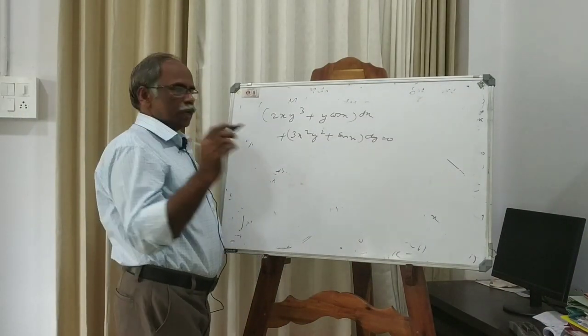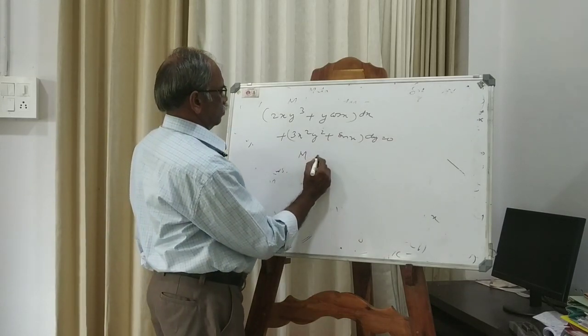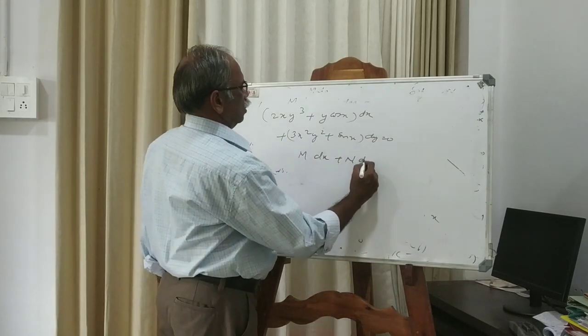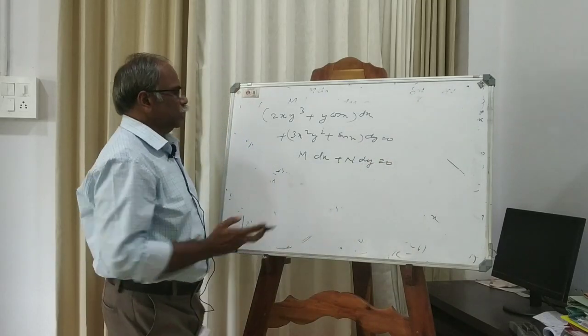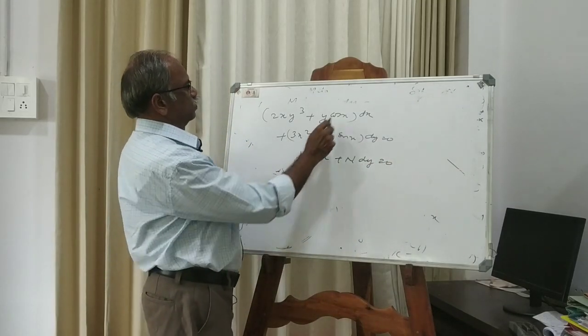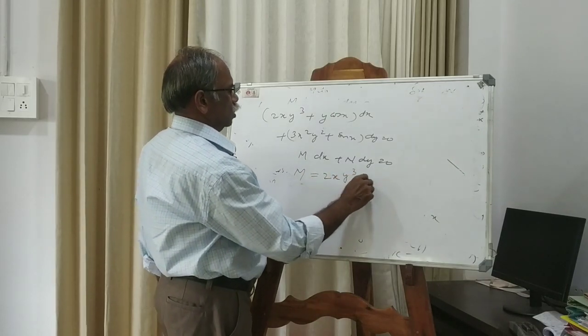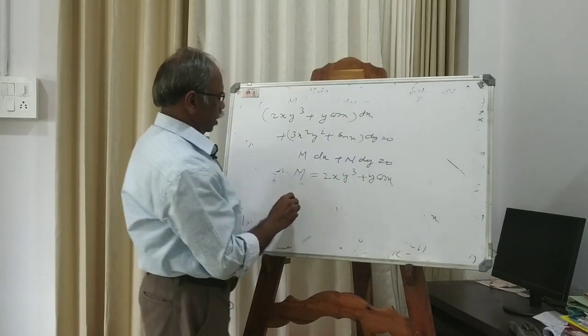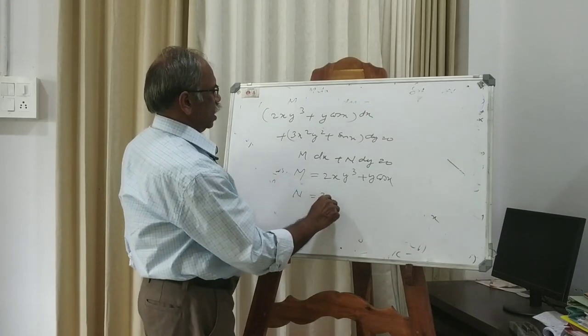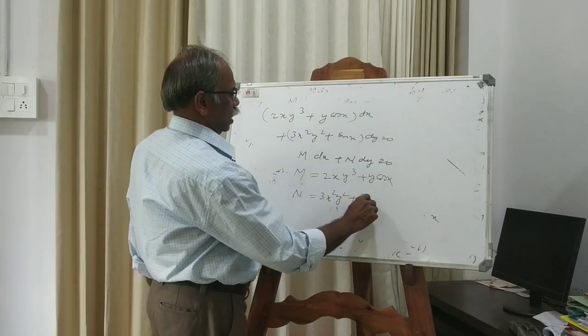The general form of the exact differential equation is M dx plus N dy equals 0. Here the coefficient of dx, that is the M term, is 2xy^3 plus y cos x, and the N term is 3x^2y^2 plus sin x.